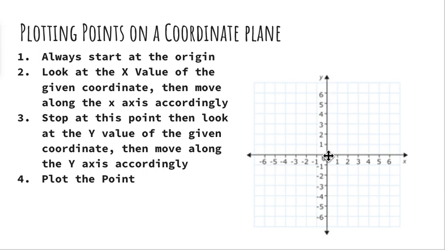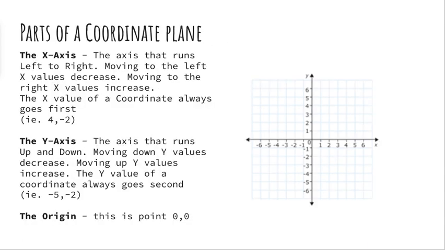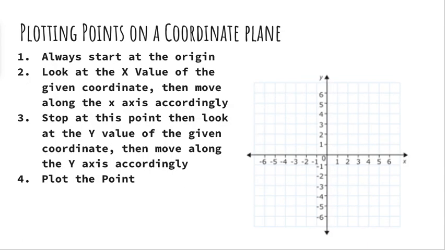The first thing you're going to do is look at the x value of the given coordinate. For example, in the last slide we had 4 and -2. 4, once again, was our x value because it's the first number.